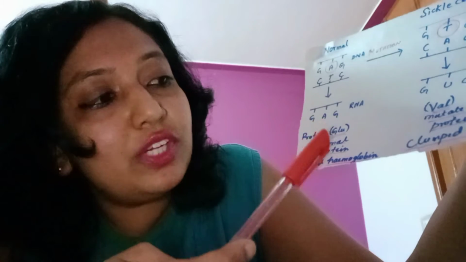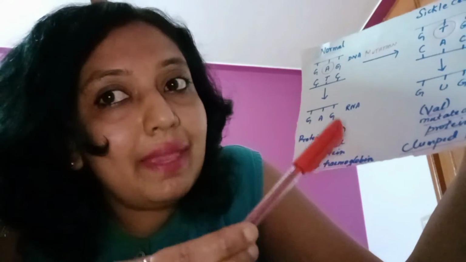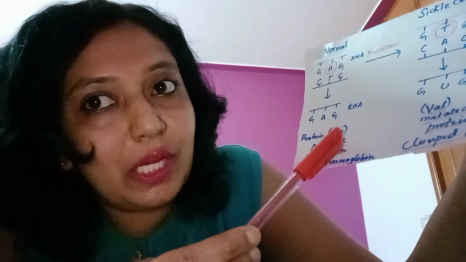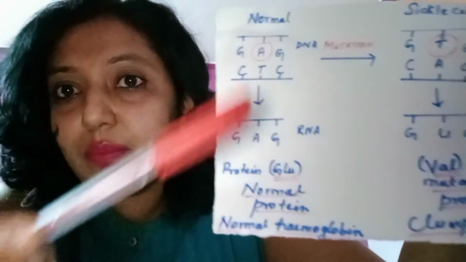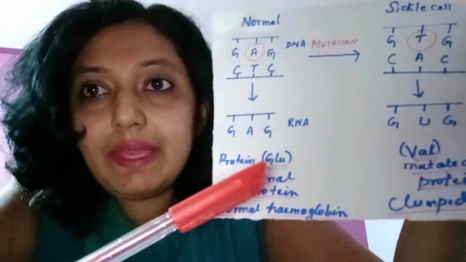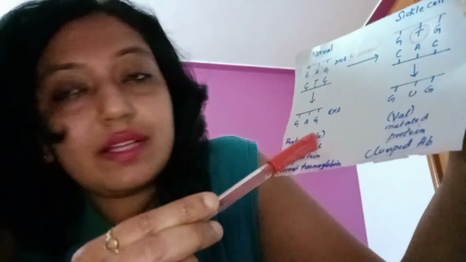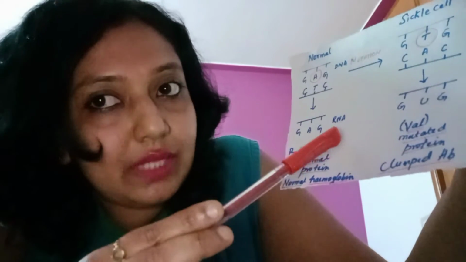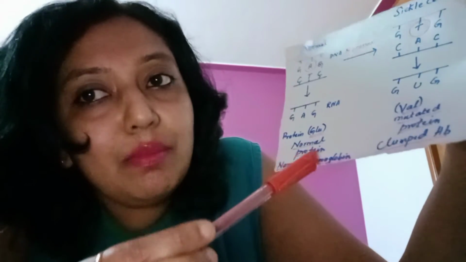So the normal protein should be glutamic acid. The normal gene forms a normal protein, glutamic acid, resulting in normal hemoglobin.